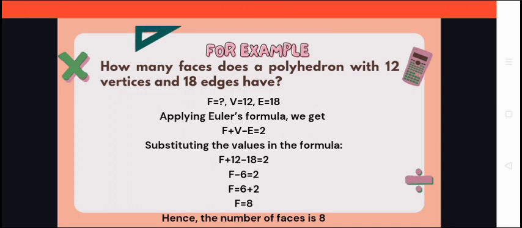F minus 6 equals 2. F equals 2 plus 6, since the negative 6 transposed to the other side of the equation will become positive. The number 2 just remains since we did not move it. So we have here 6 plus 2, so our faces is 8. We can conclude here that hence the number of faces is 8.